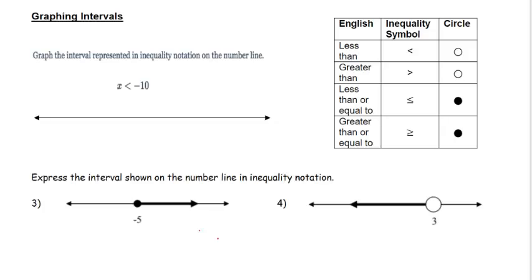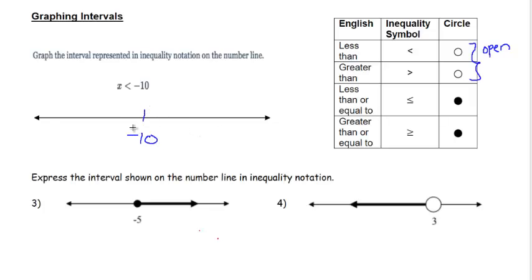Making a graph of these intervals can be very helpful when we get to solving. So we need to learn a little bit more about some symbols that we want to use, okay? Whenever we see less than or greater than, just like in this first example here, x is less than -10, we're going to use what we call open circles on the number line.